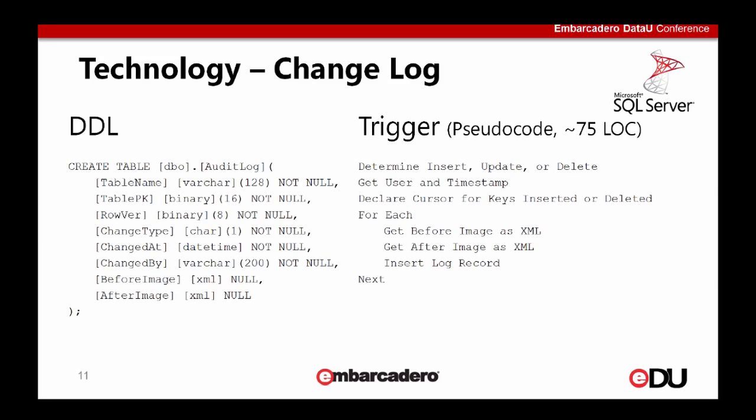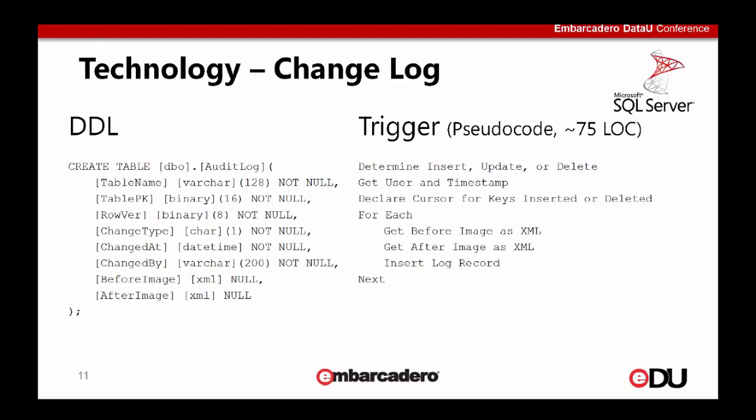The trigger here is a little bit more complex. It doesn't conveniently fit on a slide. The pseudocode is illustrated. The actual trigger runs to about 75 lines of code. And we'll take a little bit more detailed look at that coming up. But effectively, what the trigger does is determine, first of all, whether it's an insert, update, or delete that's happening. It's going to go ahead and get the user identity and the timestamp.